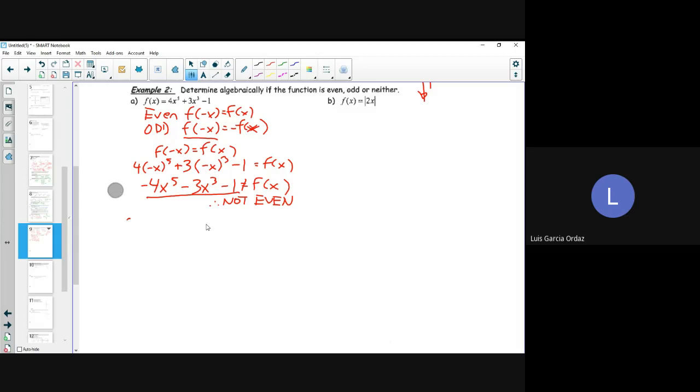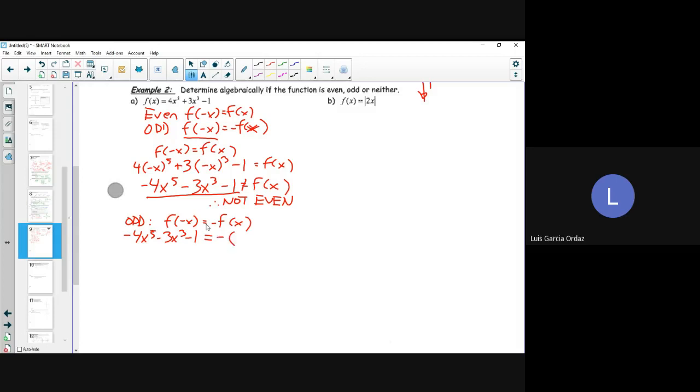So for odd, we want to prove f of negative x is equal to negative f of x. So we know f of negative x is already negative 4x to the 5 minus 3x cubed minus 1, okay? But now we want to prove that f of negative x is equal to f of x multiplied by a negative, okay?